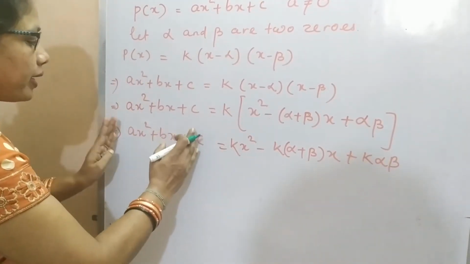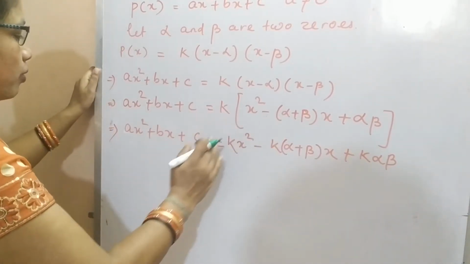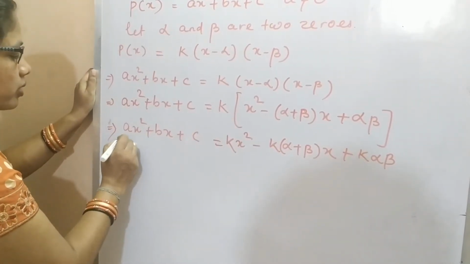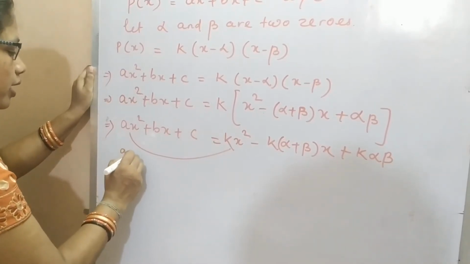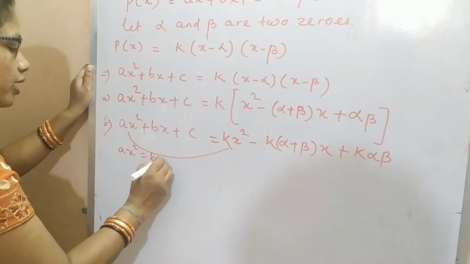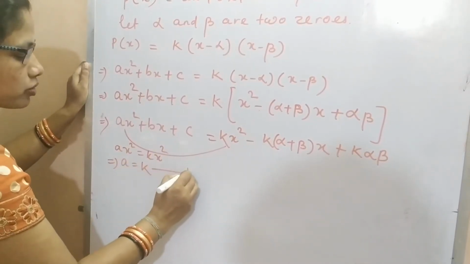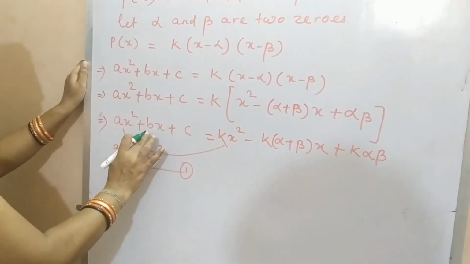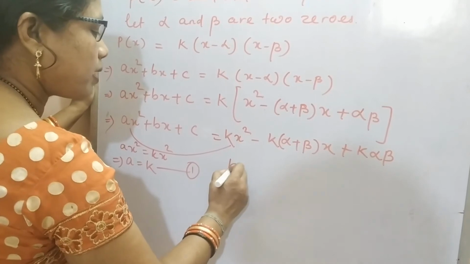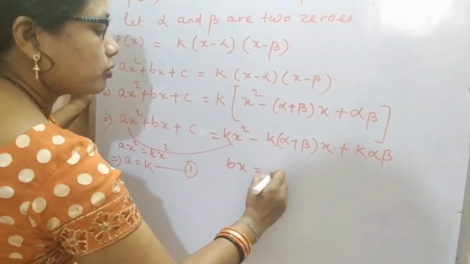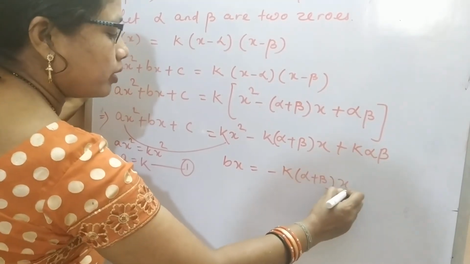So by comparing each term in the left hand side with the right hand side, what we got here: ax square, this is the x square term, so ax square will be equal to kx square. So this implies a is equal to k. So this is our finding 1. Then bx is equal to minus k whole into alpha plus beta whole into x.